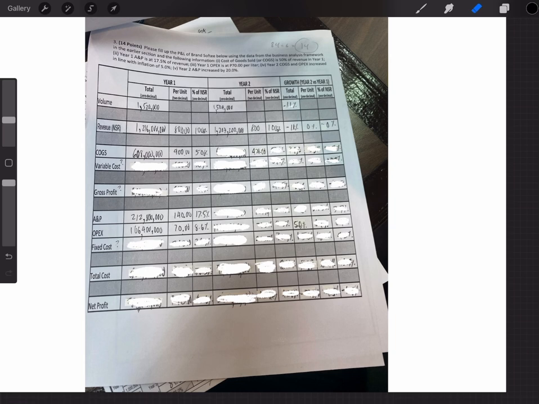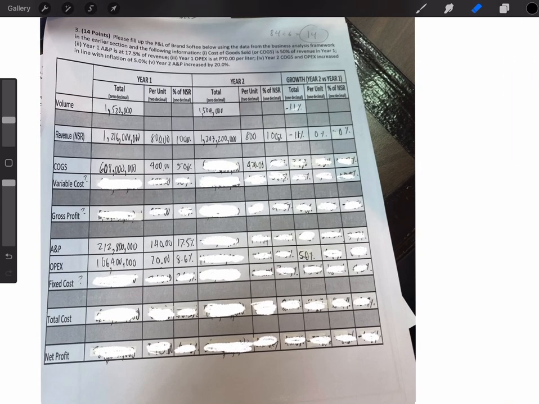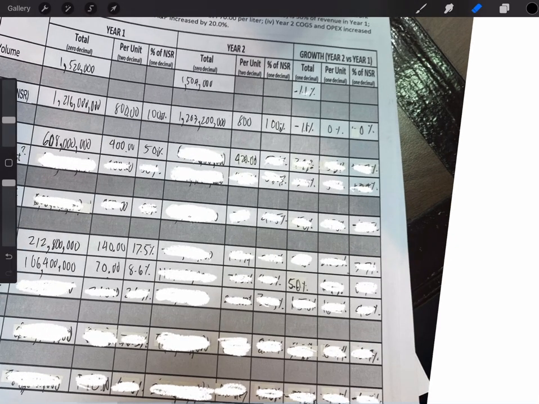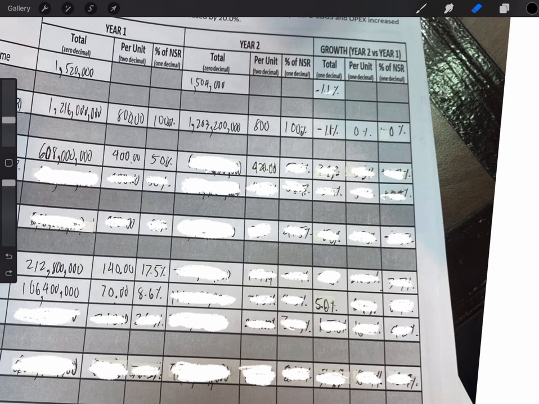Then before we close this off, this particular section, percentage of NSR, that's going to be the per unit times the volume. Per unit times the volume total is going to give us the cost of goods sold for year two.